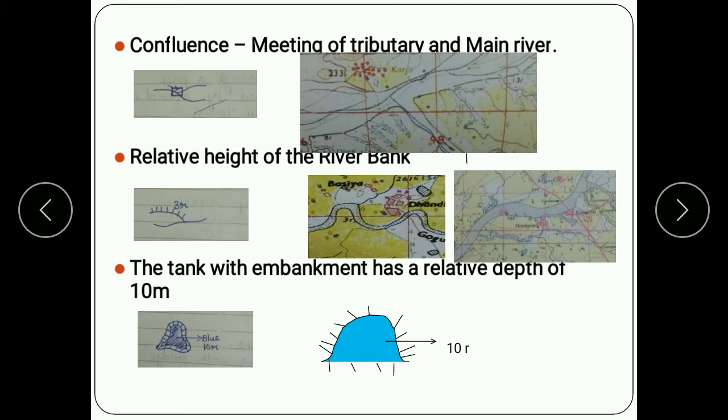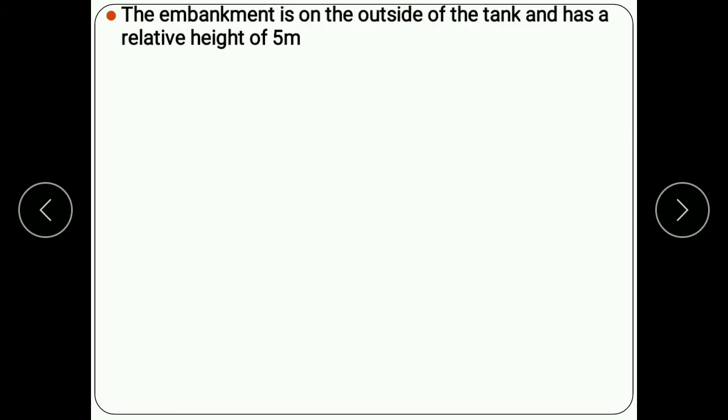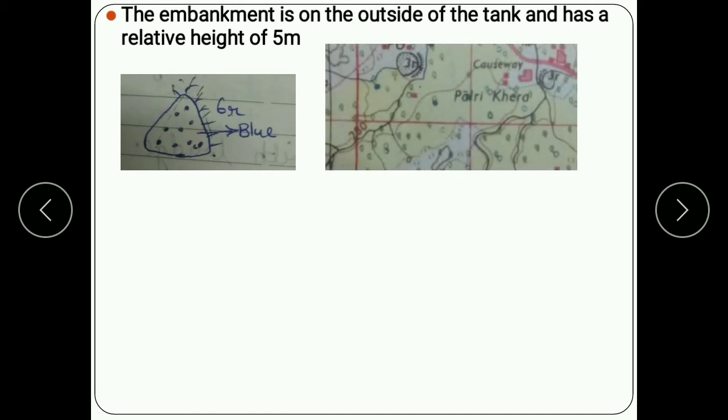Next, embankment is on the outside of the tank and has a relative height of 5 meters. In the previous case, you have seen that the tank was perennial. Here the tank is dry and an embankment is also made. Because no water is filled in this tank, because this is a dry tank, here you will consider its height.